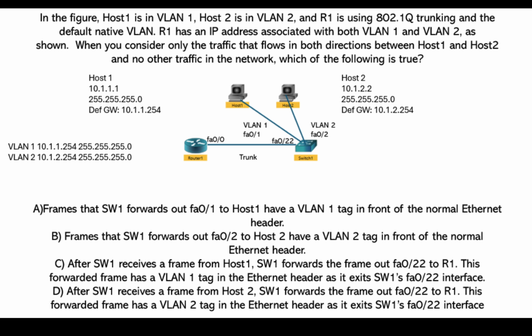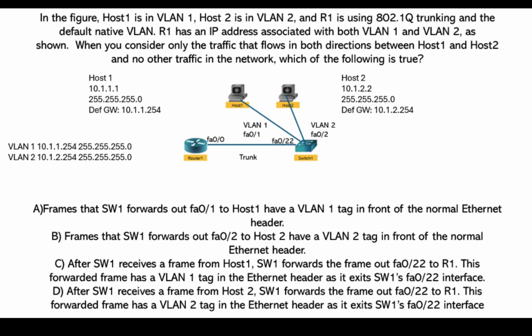And then you have the router and the switch connected over a trunk link. FastEthernet 0/0 on the router end, FastEthernet 0/0 on the switch side. Those are the two FastEthernet ports that the trunk is configured over. So in the figure, host 1 is in VLAN 1, host 2 is in VLAN 2, router 1, R1, is using 802.1Q trunking and the default native VLAN.